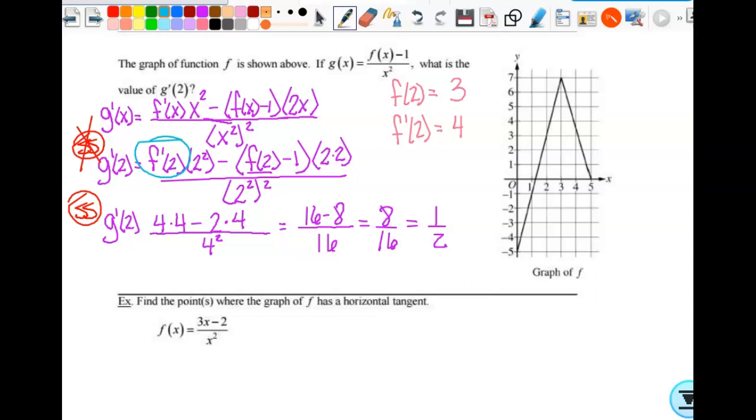Maybe I think I did it wrong on my paper. Dang it. No, I checked myself. It should be 4 times 3. Why is it 4 times 3? But this right here, according to Miss Bruce even, f of 2 is 3, f prime of 2 is 4.